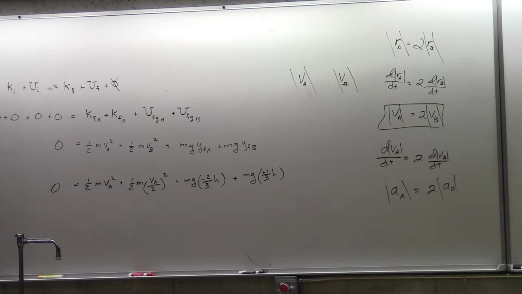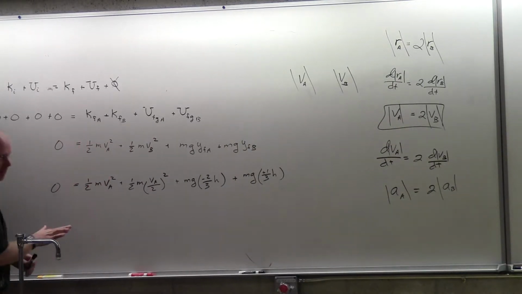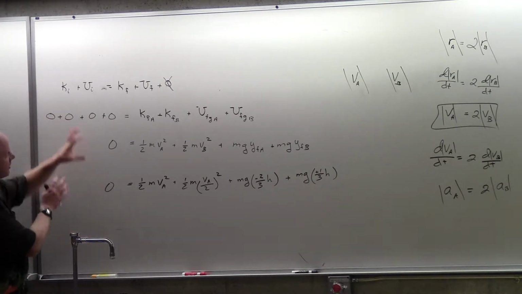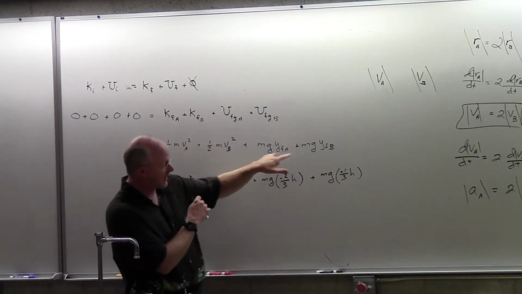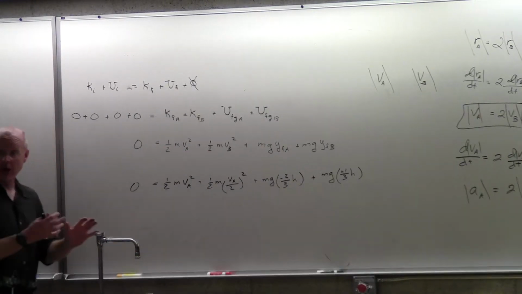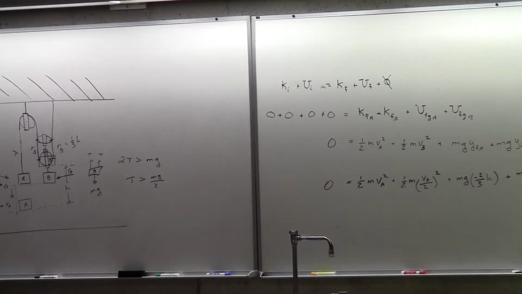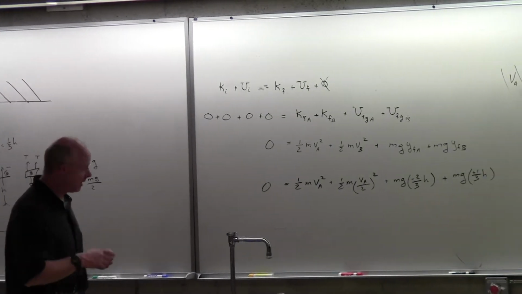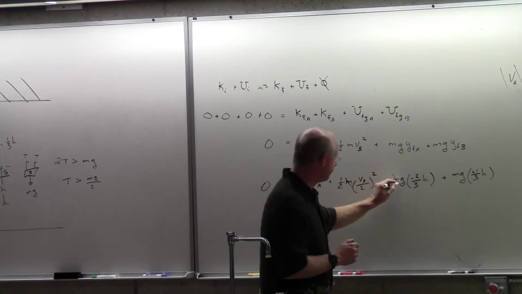Now we've got the algebra to do. And so again, I don't want to belittle the algebra here, but I'm hoping this is the easy step. This first part is that physical picture, the principle of conservation of energy, and in this case, the connection between velocity and heights, and how the two blocks are related, which comes from knowing which one goes up and which one goes down. And as you study this, fortunately, one of the first things you notice is that every term has an m in it.